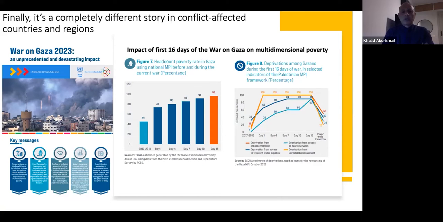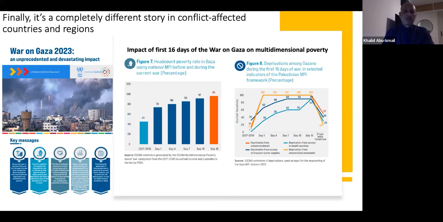I mean, you all see the news. I don't need to say more, but the first 16 days of war led us to almost more than double the poverty rate from a baseline of 45%, which is the headcount rate of the national multidimensional poverty index of Palestine. So 45% of the population in Gaza was poor in 2018, presumably also prior to the war, and that headcount jumped to 96%.